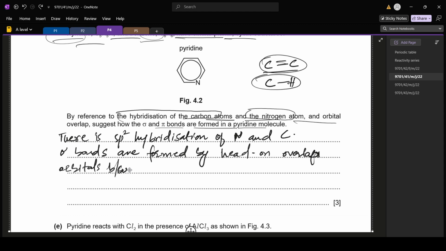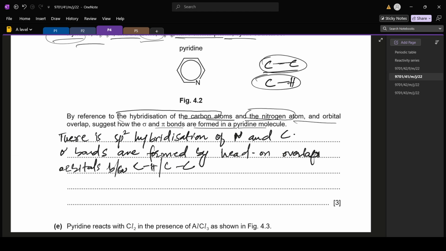Okay, there is a head on overlap of orbitals between C and H. Okay, and this is between the carbon carbon single bond. Okay, for the carbon carbon single bond.